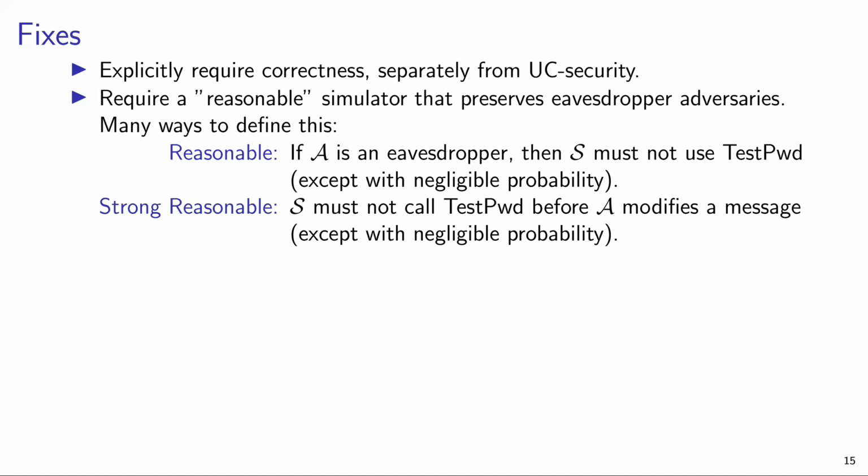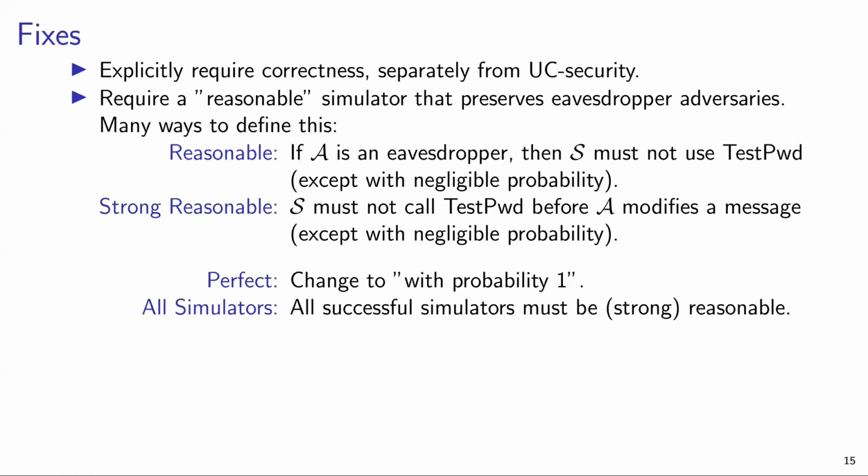So even if A is not an eavesdropper, as long as A behaves like an eavesdropper, the simulator must still not call test password. And then finally, there's a couple other tweaks you can make, like probability 1 instead of negligible probability, or maybe a more interesting one is to require that all successful simulators, meaning all simulators that can be used to prove that the protocol instantiates the ideal functionality, satisfy one of these reasonability definitions.